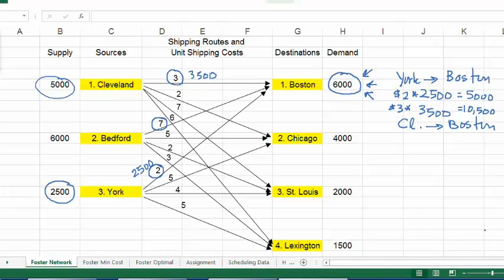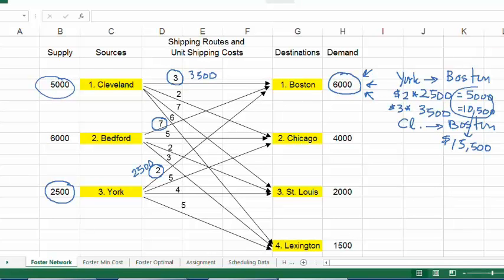If you add that, we get 15,500. So 15,500 will be the total. Any questions? That would be the cheapest way for Boston to receive the 6,000, by using the cheapest route whenever we can.